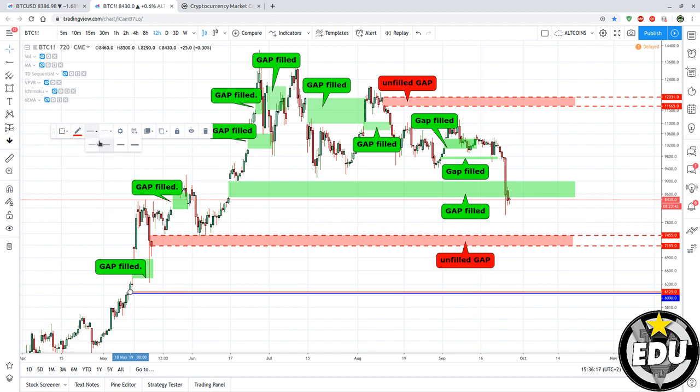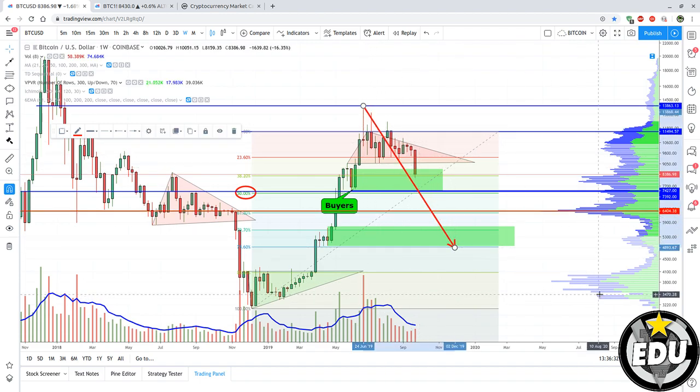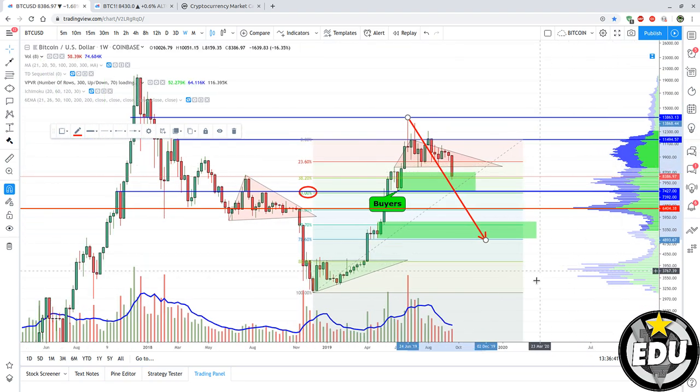Sounds scary, but it is not. Why is it not? Because price can go down to 6K. Well, that's the 78% Fibonacci retracement. That would be pretty awesome, and then moon time. Why not?